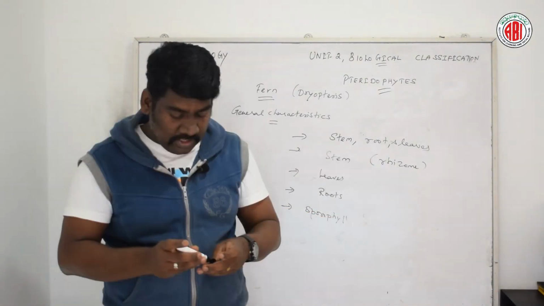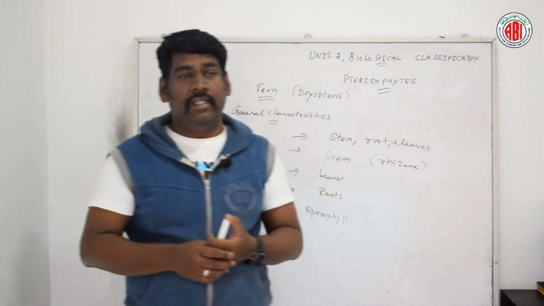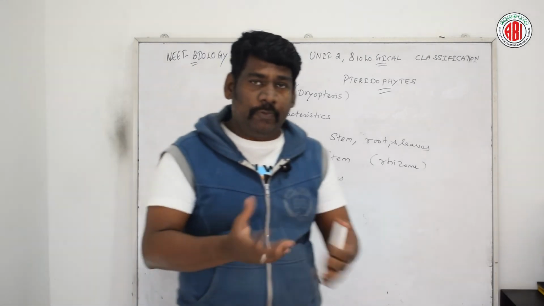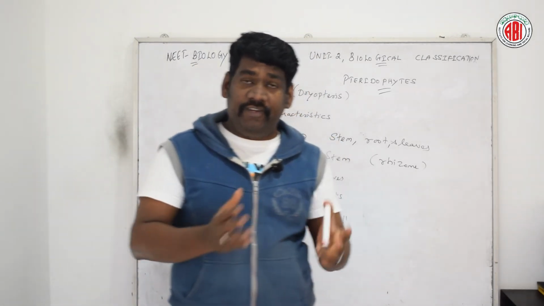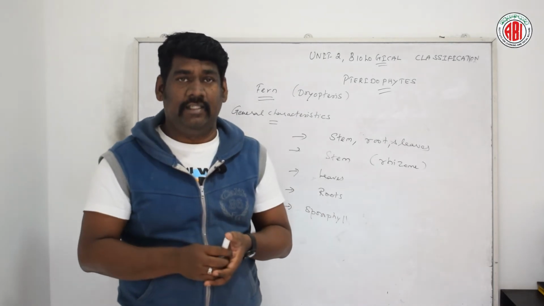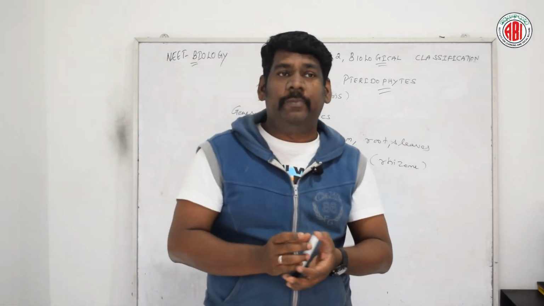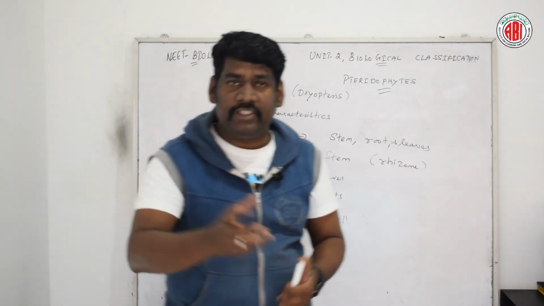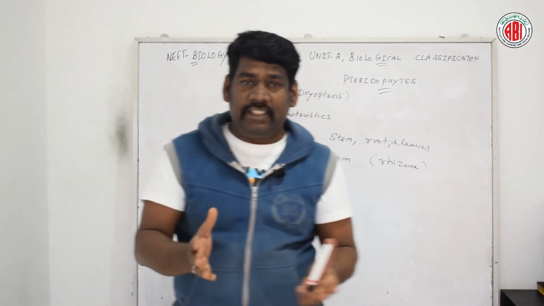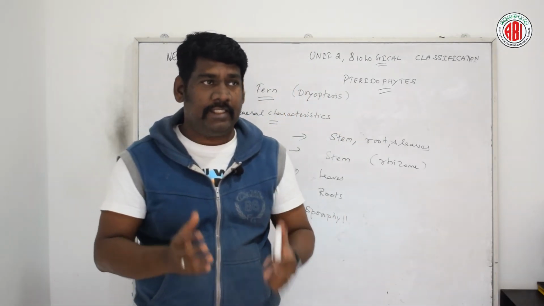Sporophyll of fern or Triopteris. So sporophylls are nothing but leaflets with sporangia. The leaflet that bears the structure sporangia, which is able to produce the spores, is called a sporophyll.